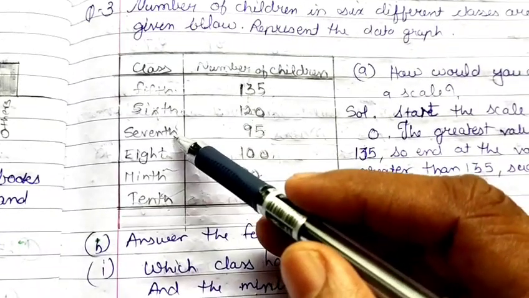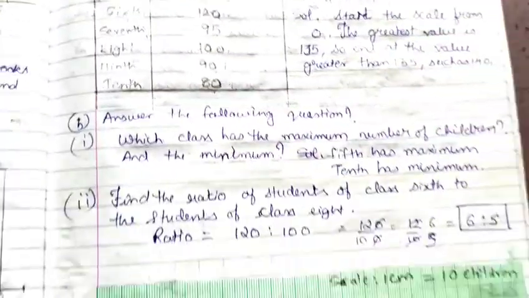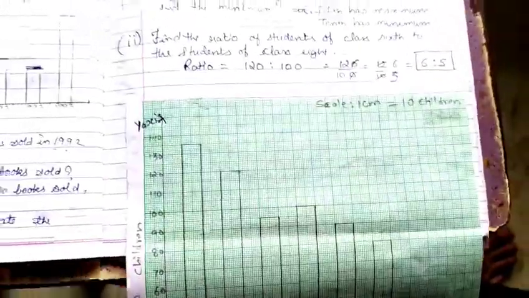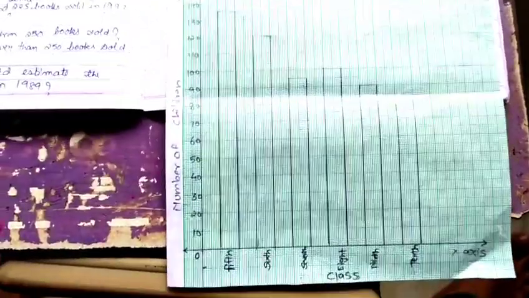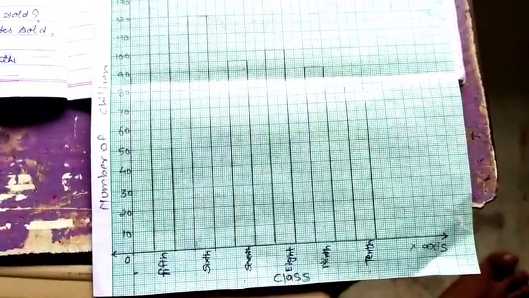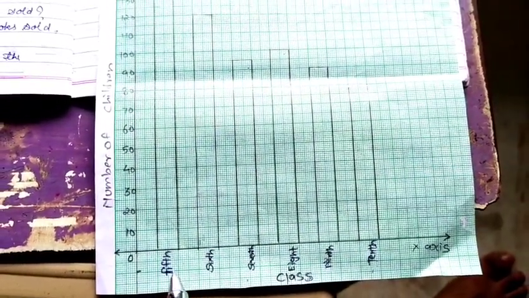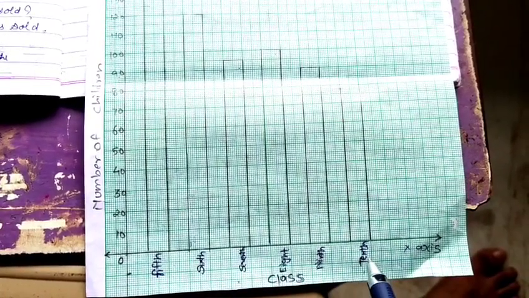You have to take these on the x-axis and all the numbers of children on the y-axis. Draw this perpendicular line like this. This is the x-axis and this is the y-axis, and write down all the classes on the x-axis: 5th standard, 6th standard, 7th standard, 8th standard, 9th standard and 10th standard.